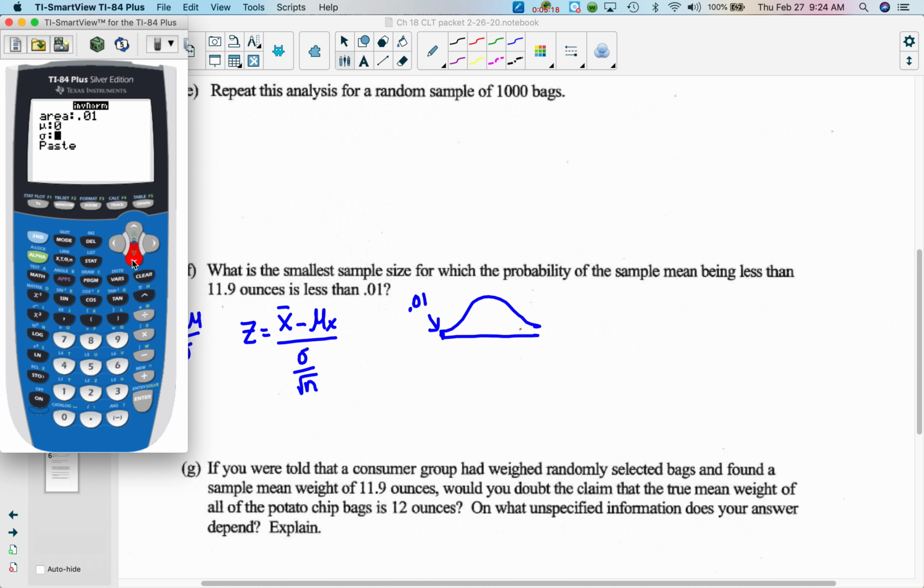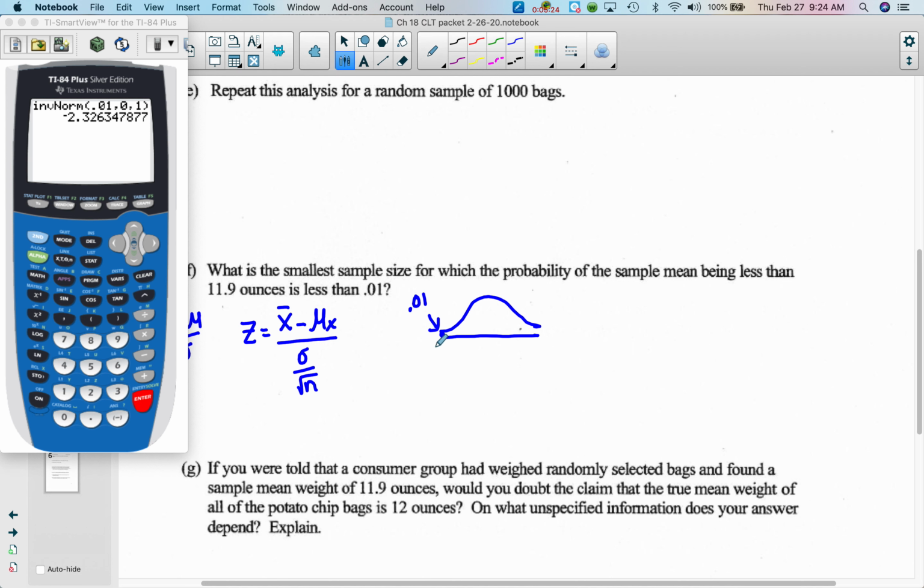So we want to leave that as our mean and standard deviation, and then come up with what that z-score was. So this value right here for z that would create this would be negative 2.33 if I round to 2 places. So we're going to actually fill in some of these values. So z is negative 2.33.